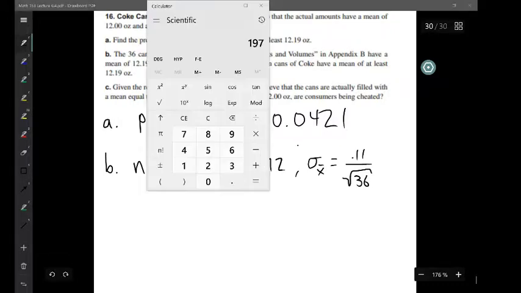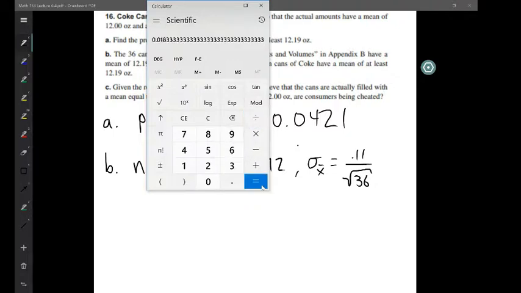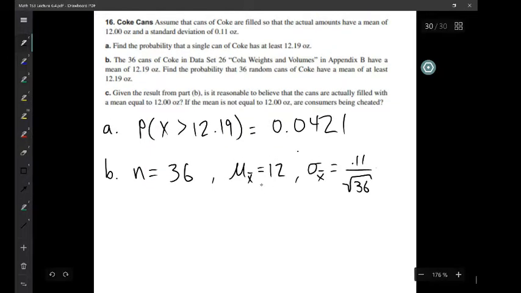Square root of 36 is 6. So we have 0.11 divided by 6, which is 0.0183.